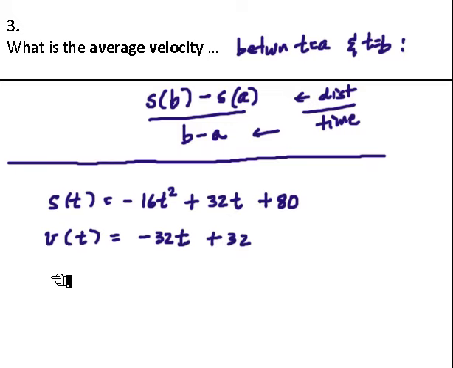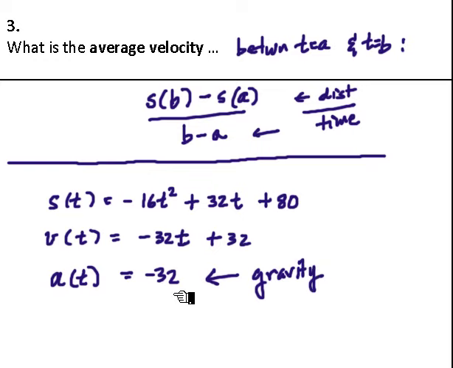Okay, let's look at the acceleration function. That's really what I was getting at. Take the derivative of the velocity for the acceleration and we get minus 32. So that's gravity. That's the force of gravity, minus 32 feet per second per second. Per second per second, we write per second squared. So the acceleration function isn't very interesting.